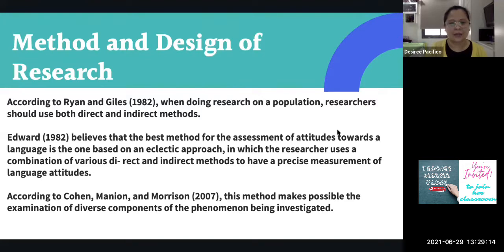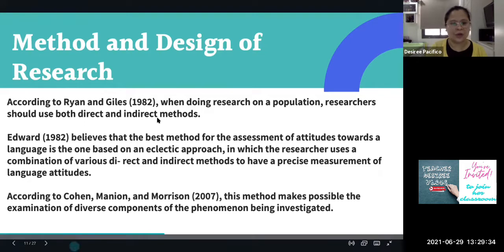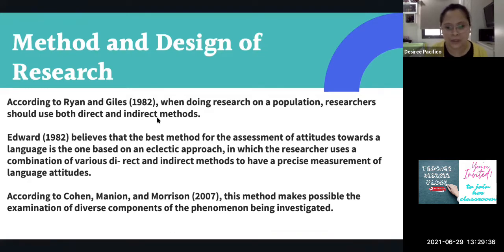Edwards believes that the best method for the assessment of attitudes towards language is one based on an eclectic approach, in which the researcher uses a combination of various direct and indirect methods to have a precise measurement of language attitudes. While according to Cohen, Manion, and Morrison, this method makes possible the examination of diverse components of the phenomenon being investigated.